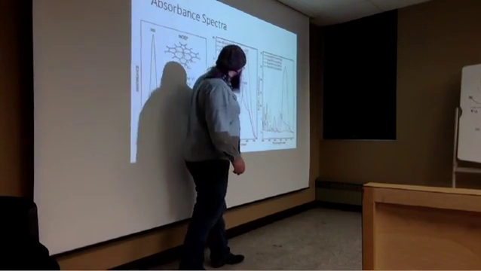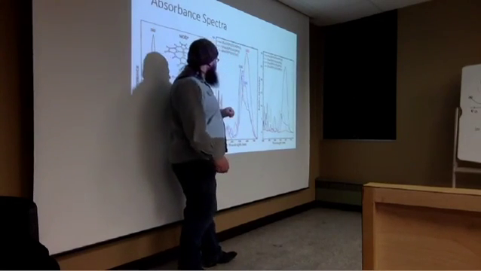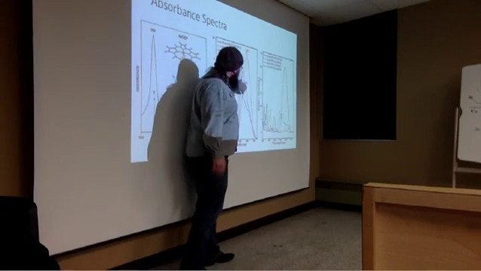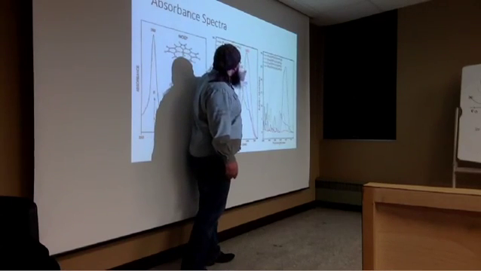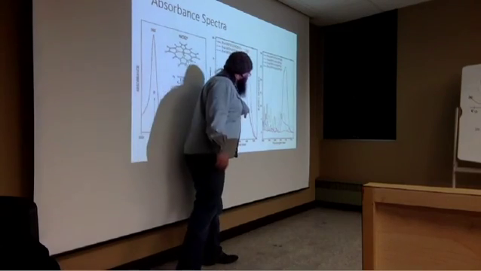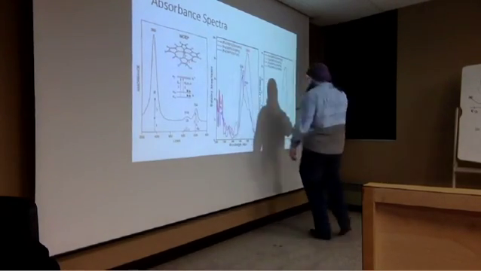And then, as you can see here, overall, these three all look fairly similar, except for the tyrosine here has two bands, where the phenol and the phenoxide both have basically just one band. There's a little bit of a side band here in the phenol, but it's not that big.